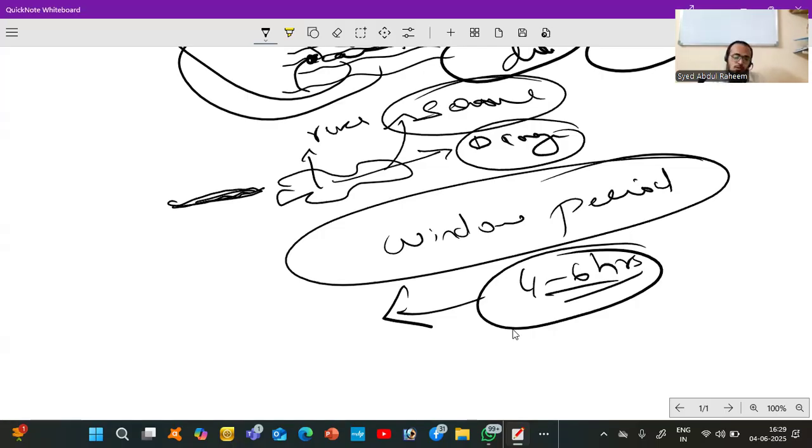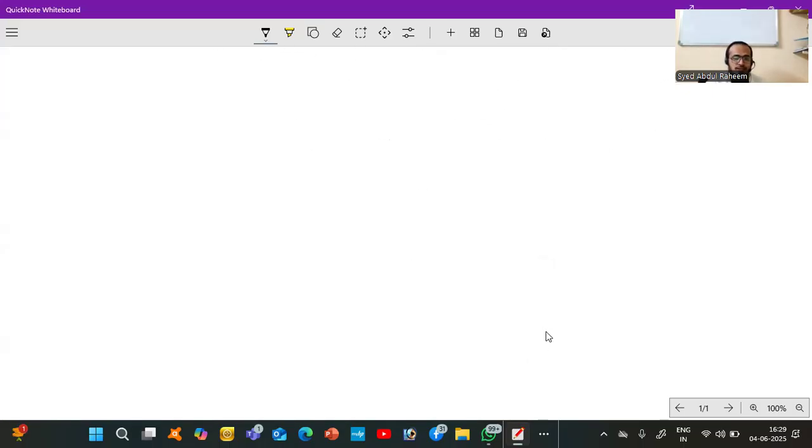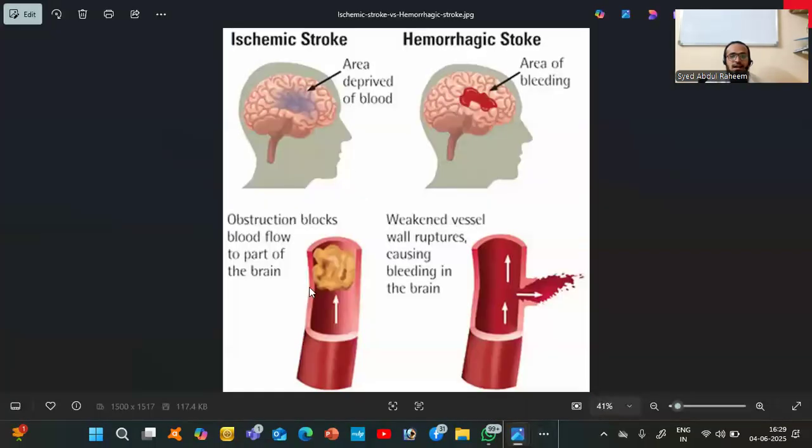Within the window period, we will discuss what the doctors will do. Here you can see the artery is blocked, so the supply to the brain is restricted. This is called ischemic stroke.